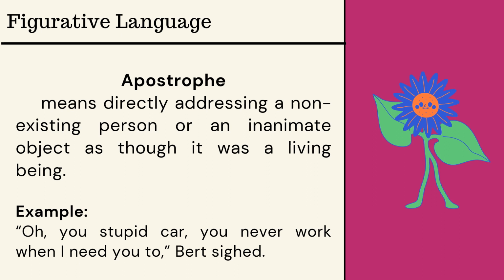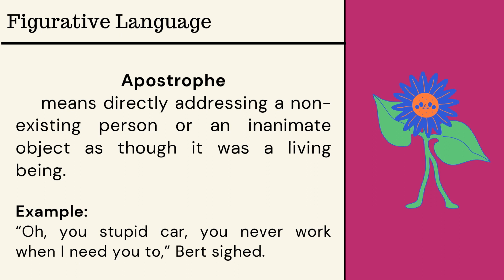Okay, you getting my point? Apostrophe also happens when you are talking to someone who is already dead, because they have no ability to reply back. Okay? Get my point? Alright? Thank you. I hope that you are still with me and you are getting what I want you to get right now.